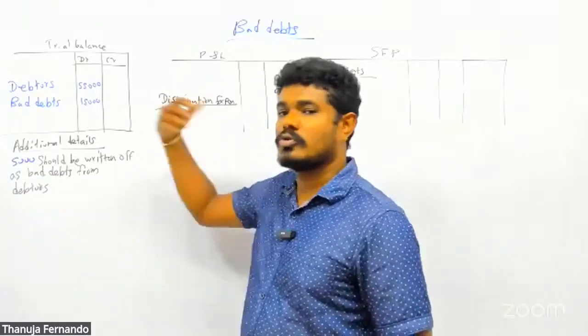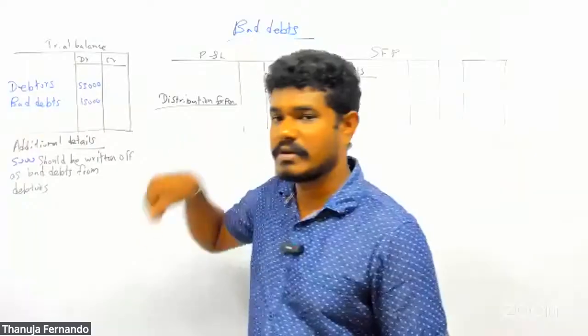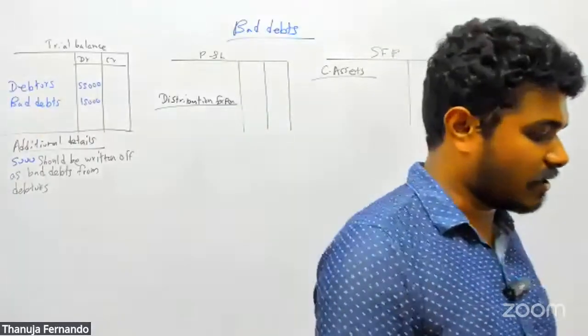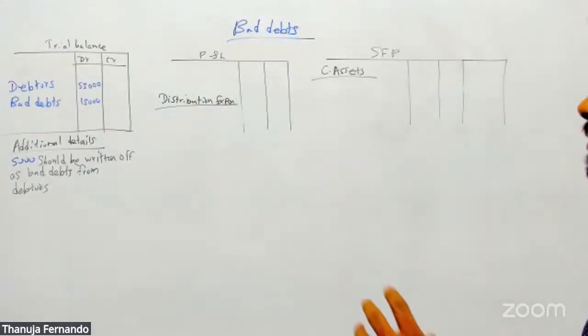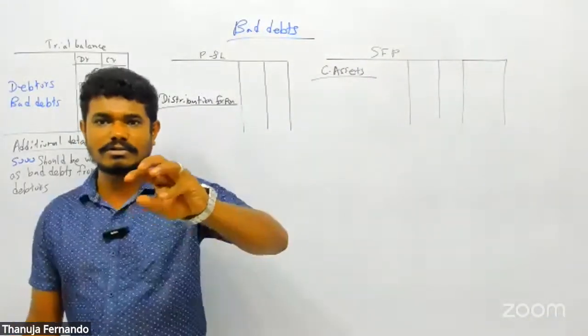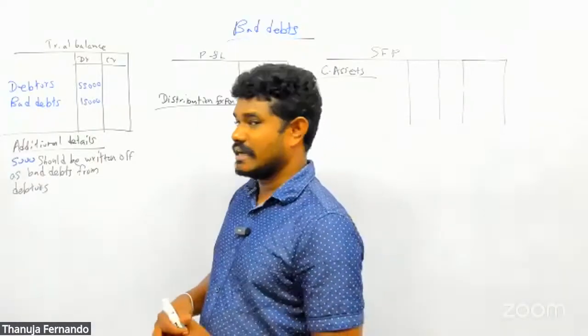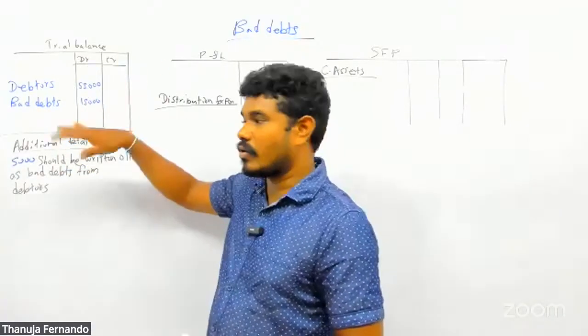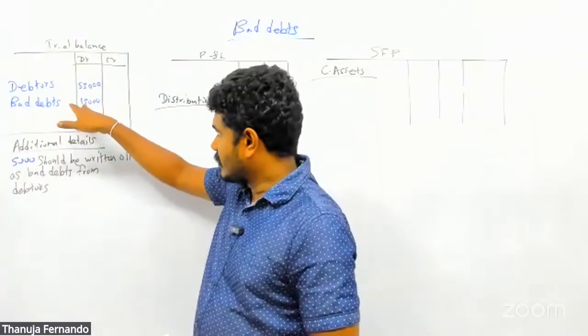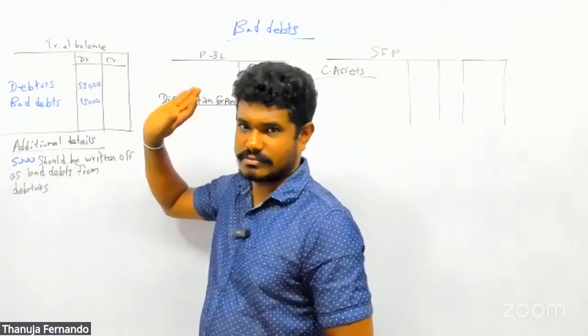We have to add another 5,000 of bad debts because this 15,000 is not enough. So then there are several times we can deduct some amounts from debtors as bad debts, right? So in this year, we have deducted already the bad debts as bad debts 15,000, right?